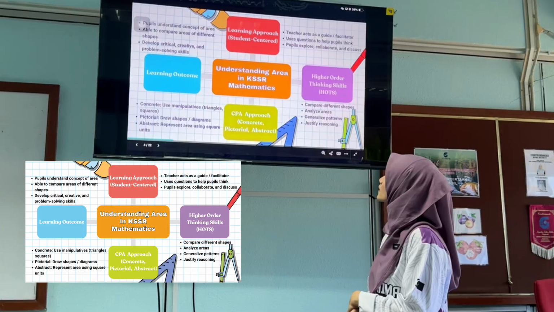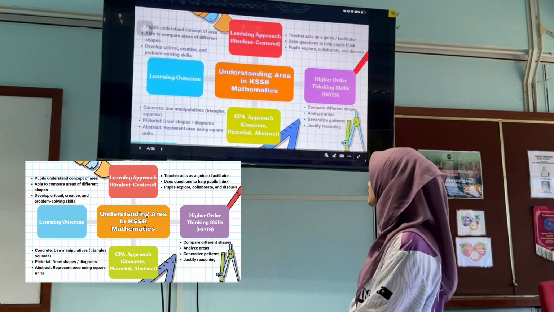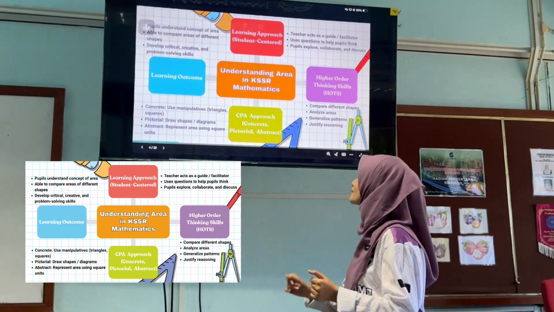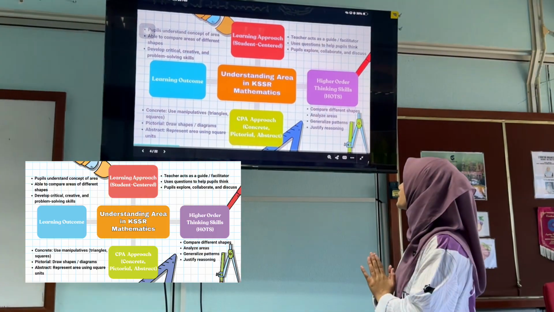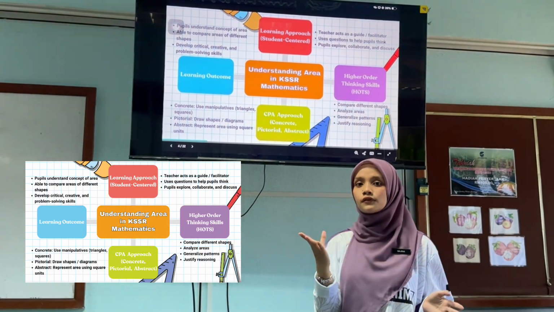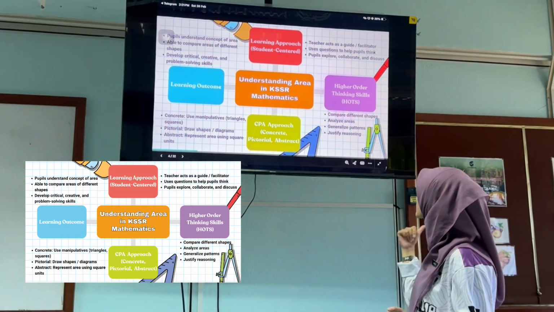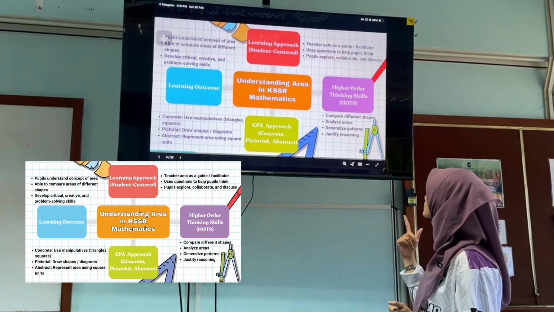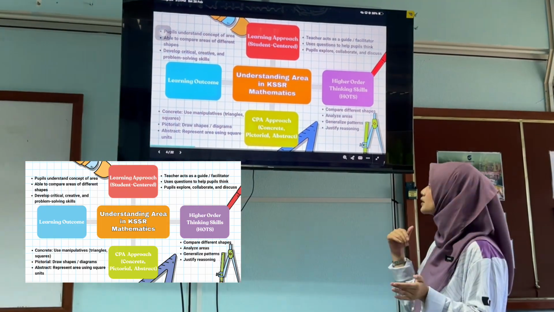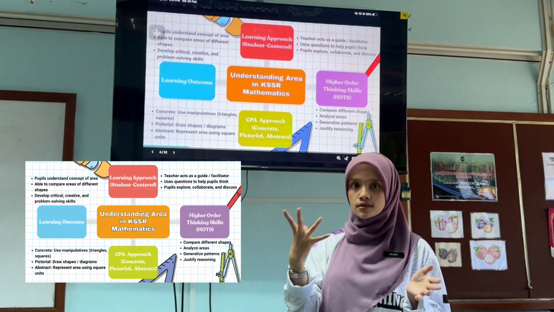Next. Okay, so this is the importance of understanding area in KSSR mathematics. The first one is learning approach. We must focus on student-centered learning, where the teacher acts as a facilitator and uses questions to help students think, and students will explore, collaborate and discuss in the teaching and learning process.